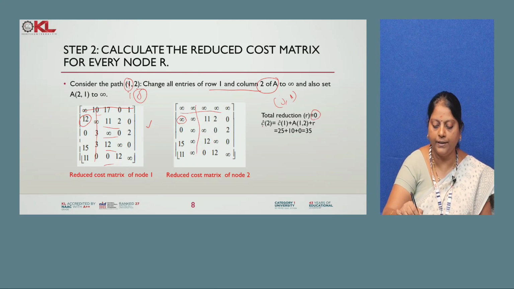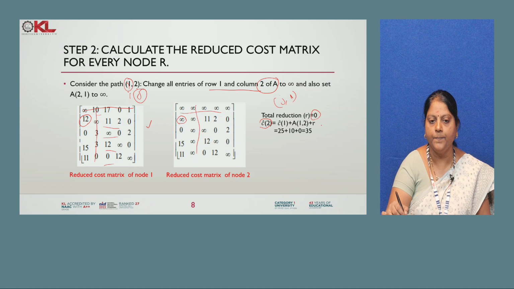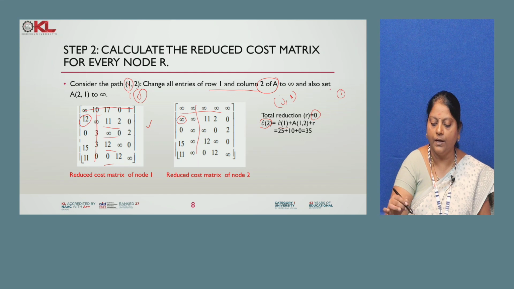Now we have to find the cost of that node. So C of 2 equals C of 1 plus A of 1 comma 2 plus R, where C of 1 is the cost of the root node, and 2 is the child node. We are finding the path from 1 to 2, where 1 is the source vertex and 2 is the other vertex to visit.